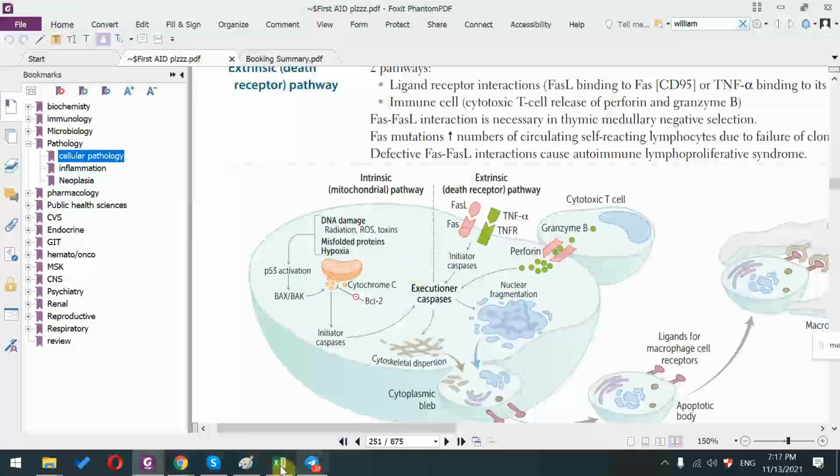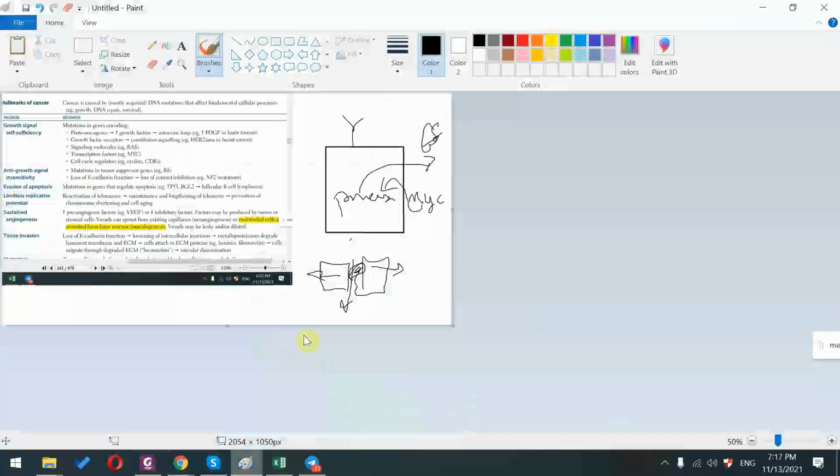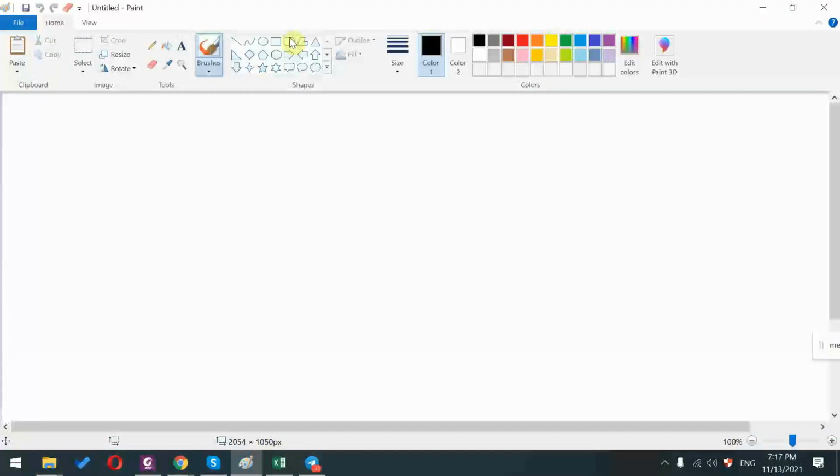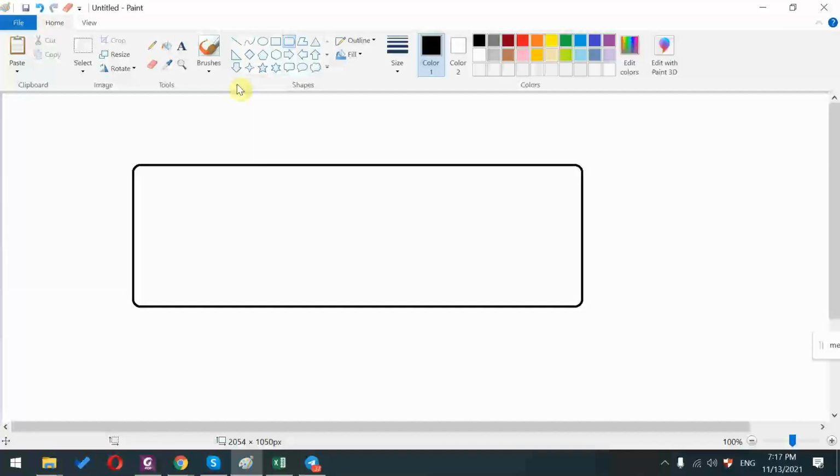If you remember, I told you back then that the mitochondria, let's imagine that this is a mitochondria, had protective proteins on the walls called the BCL2s. So here are the BCL2s. They are protector proteins. And we have other proteins who were evil, like the BAX and the BAK.